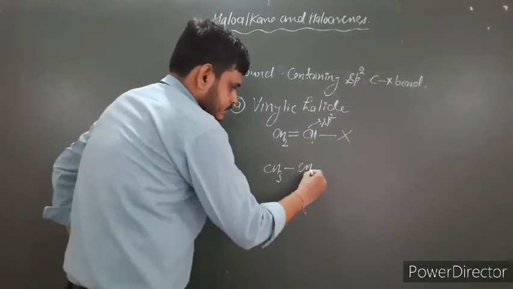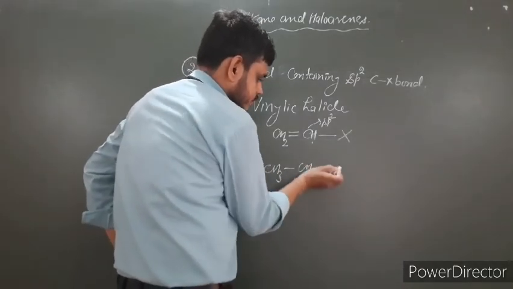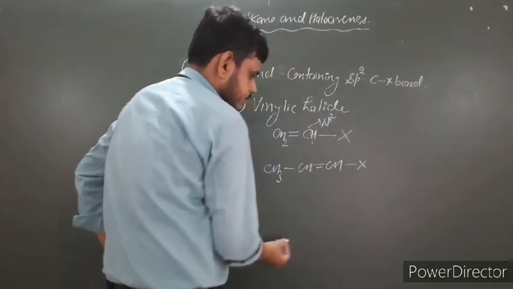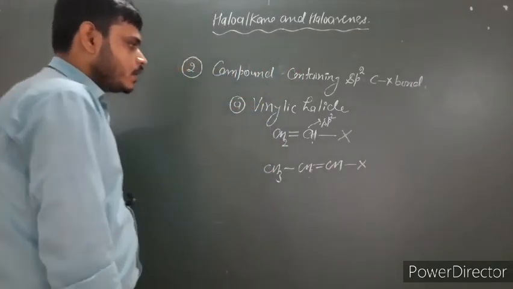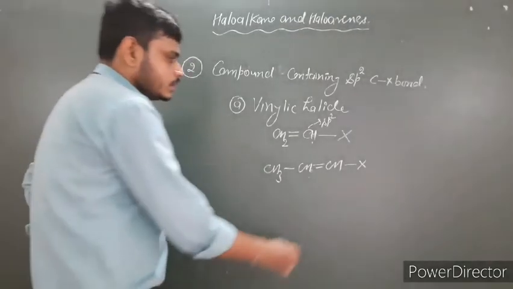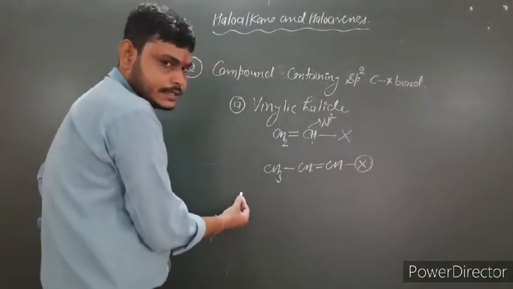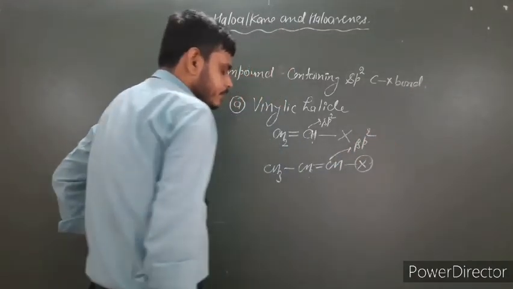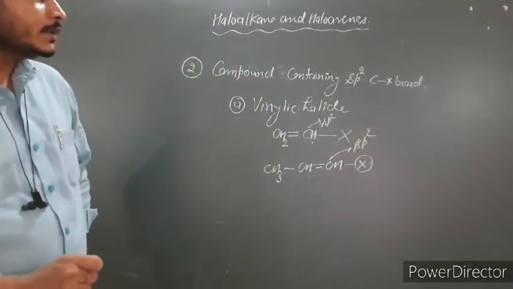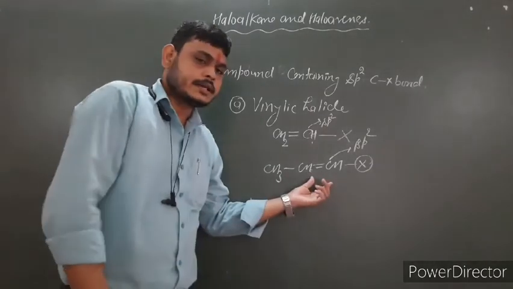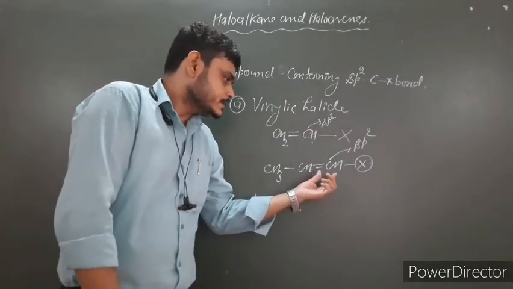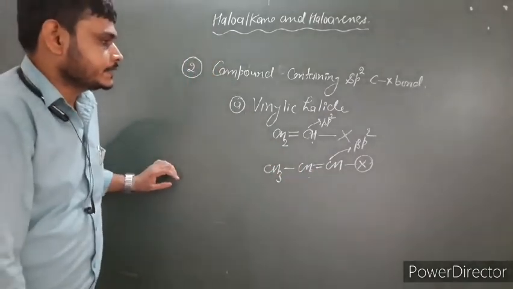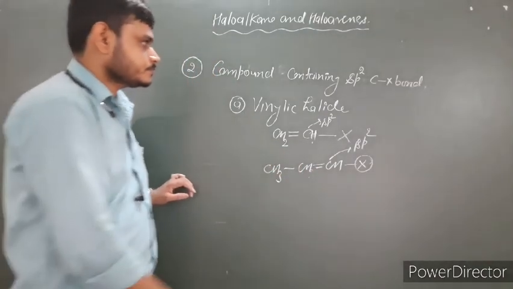CH3-CH=CHX. This is also an example of vinylic halide because the halogen atom is directly attached with the sp2 hybridized carbon atom. When halogen atom is attached with the sp2 hybridized carbon atom, then this type of halogen derivative belongs to the vinylic halide. Clear?